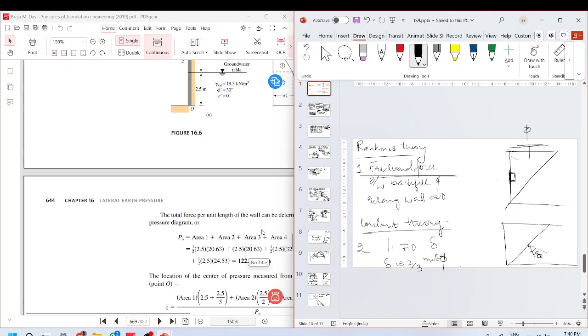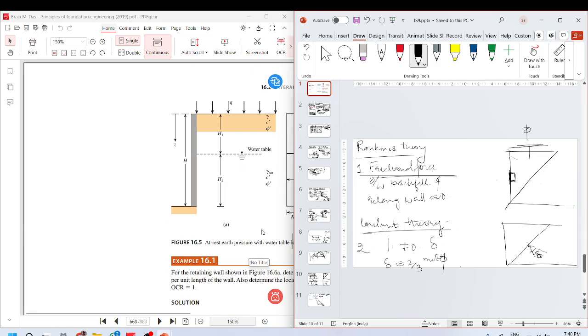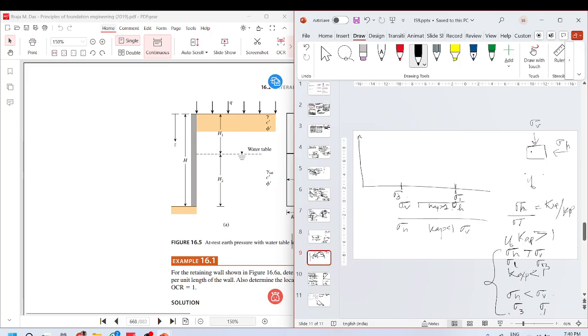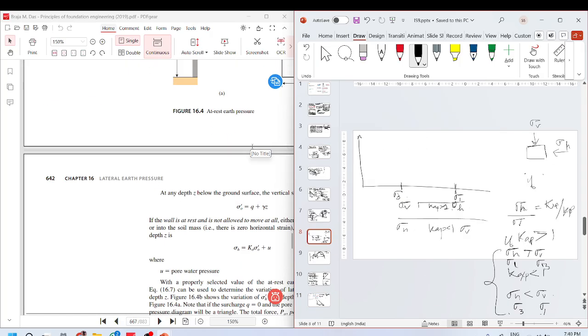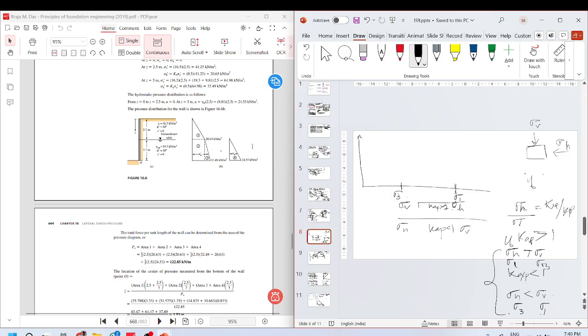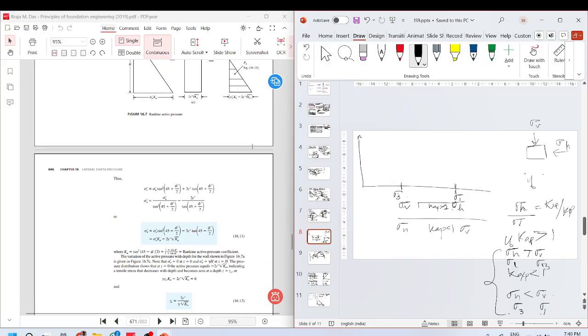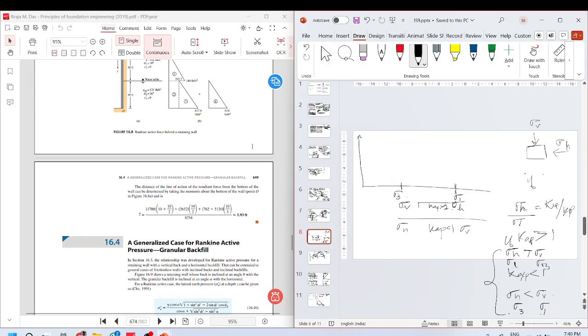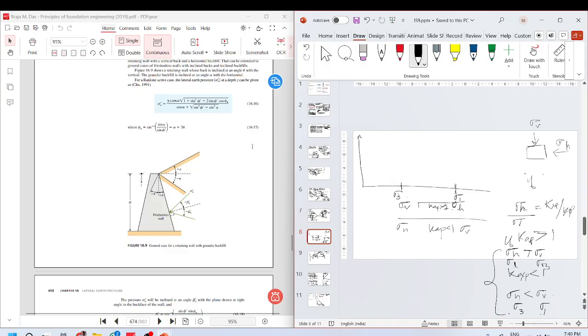a PA that is straight. And we also have other assumptions in Rankine.